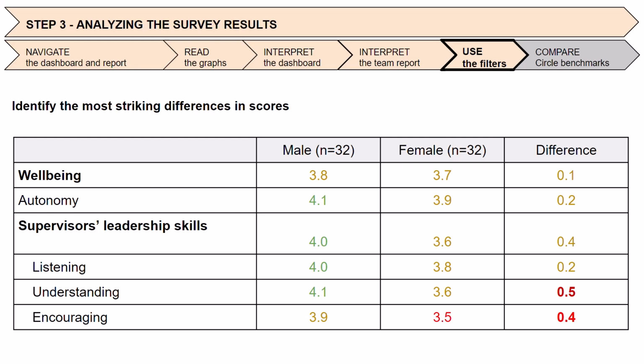The most interesting is that the reporting of how well my supervisor understands me is much lower among women than among men, and right behind it we have encouragement, which is also much lower.